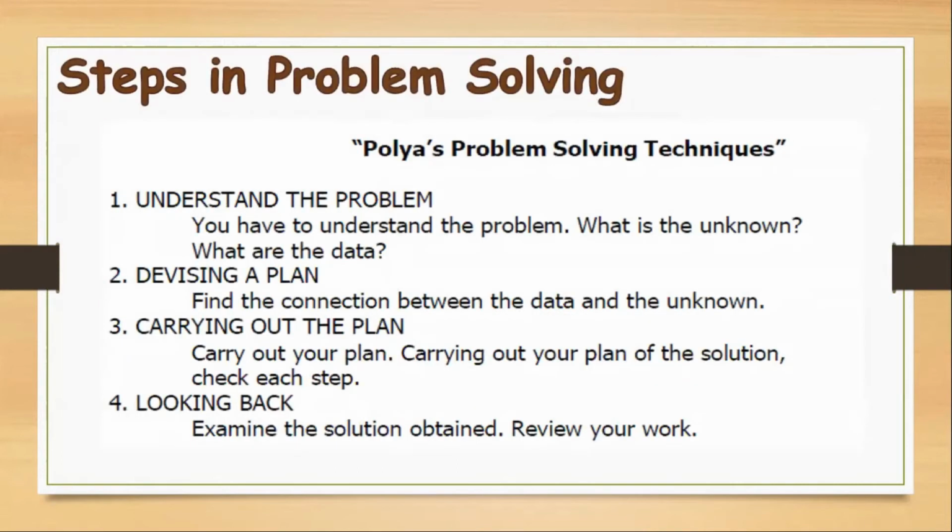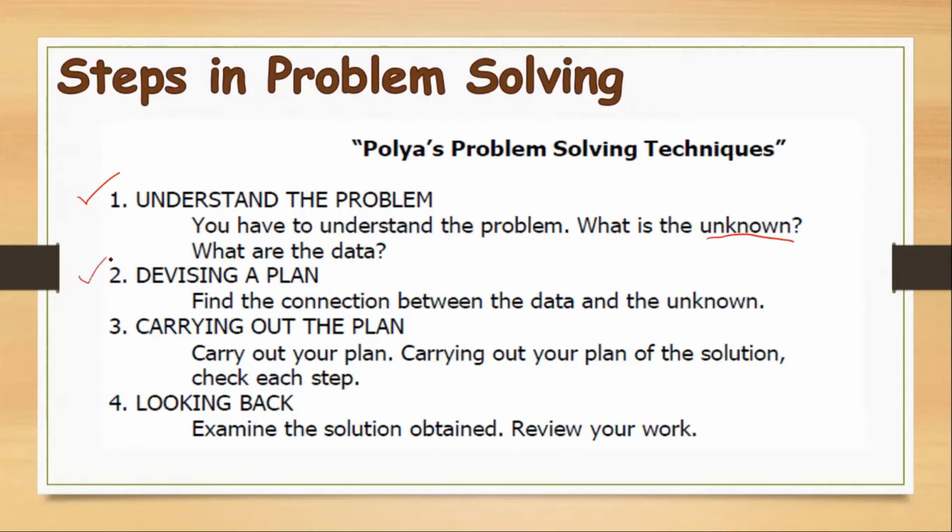Okay, so now, let's have the steps in problem solving. According to Polya, we have 4 steps. First is to understand the problem. You really need to understand the problem and identify what is known. In elementary, we are always asked what is asked in the problem. And also, you have to consider what the data are. The data is the given in your problem.